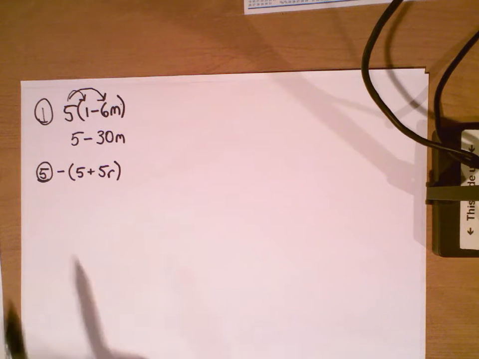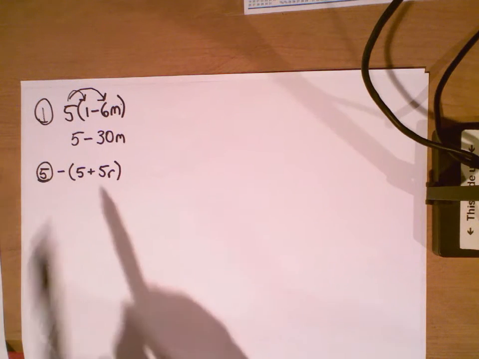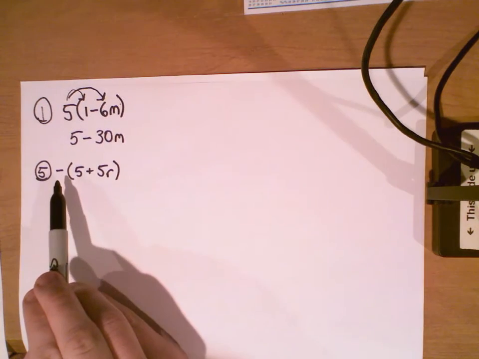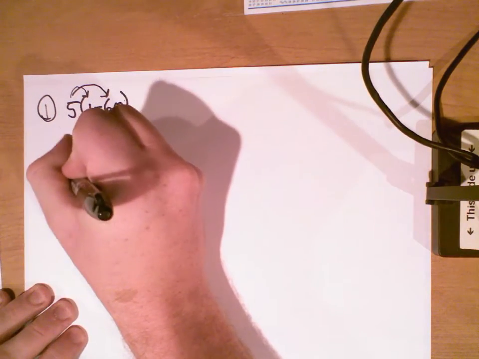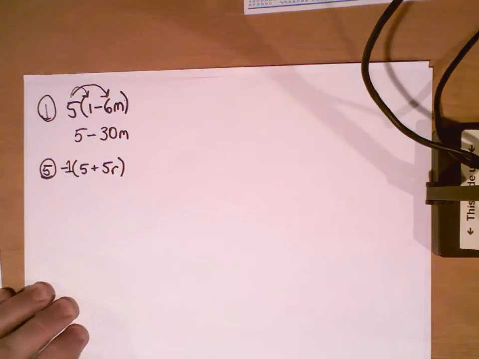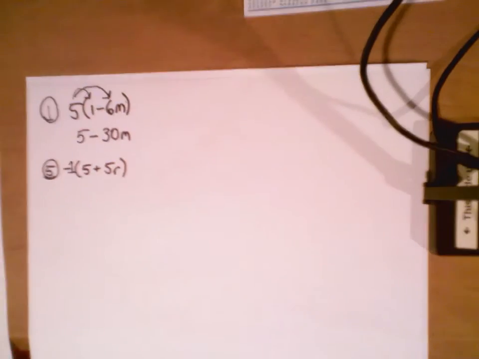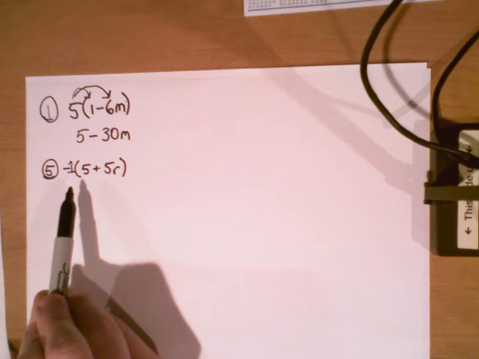Here we see a negative sign on our left. So how can we distribute that? Well, rule number 2 for distributive property is if you see a negative sign alone, always add a 1. There will always be an invisible 1 there. If you want to write a 1 right in the middle there, you can do so. I encourage you to write a 1 here, so please do it.